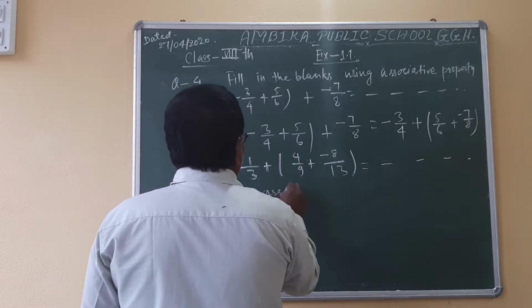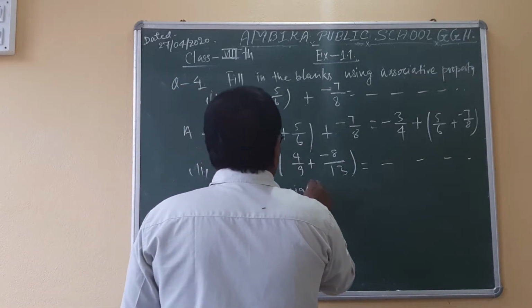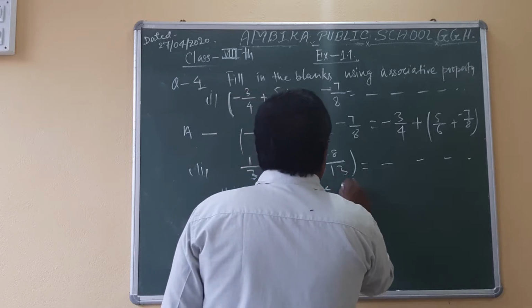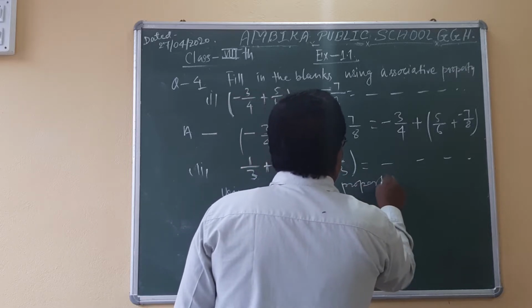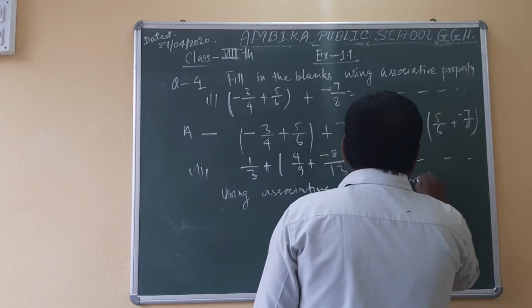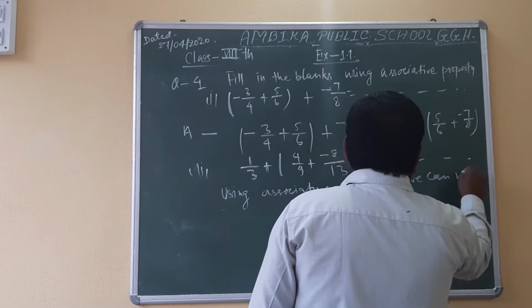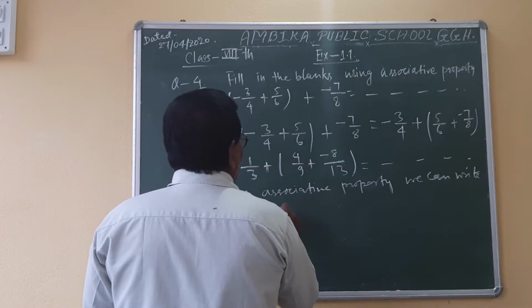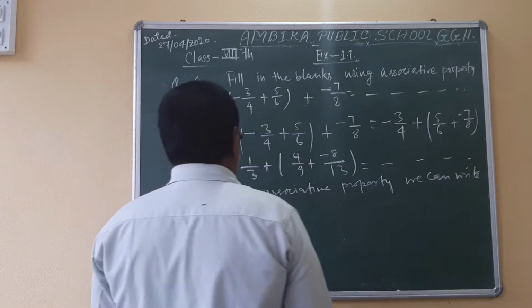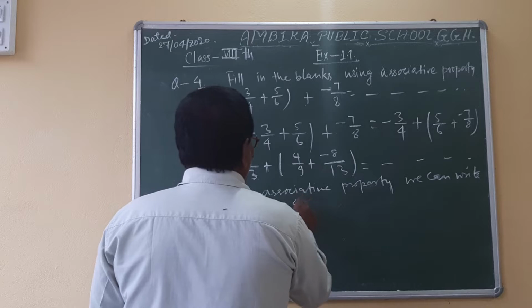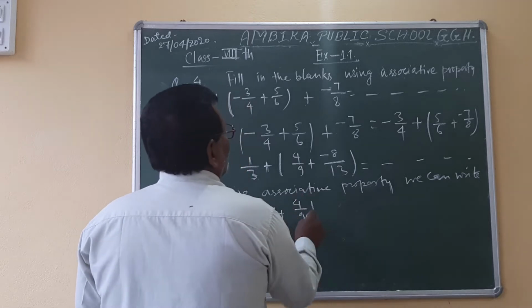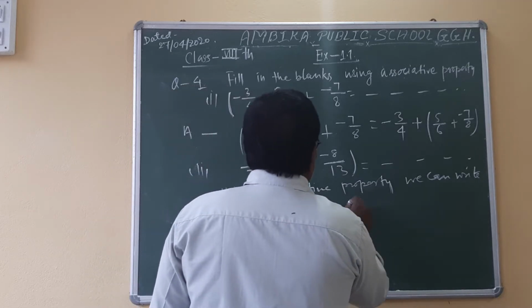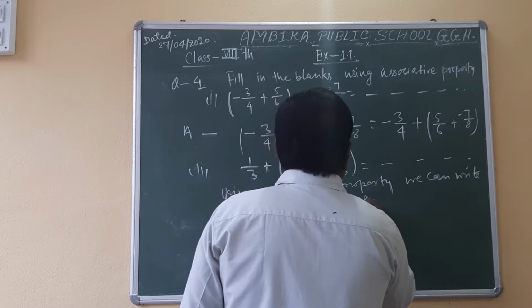Using associative property, we can write 1/3 + (4/9 + (-8/13)).